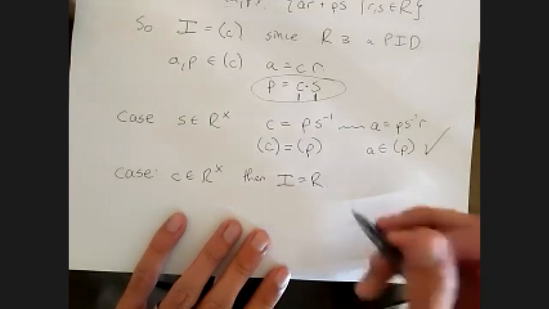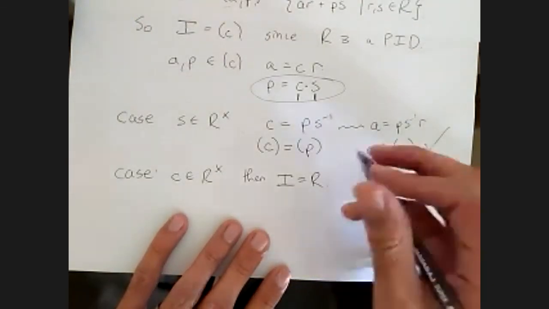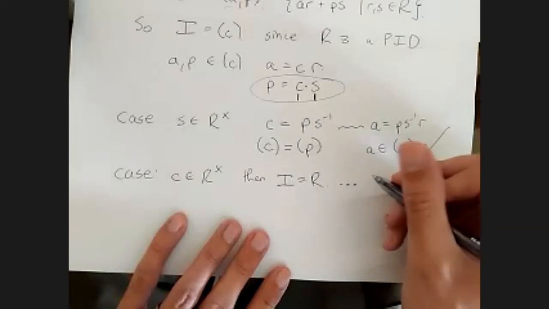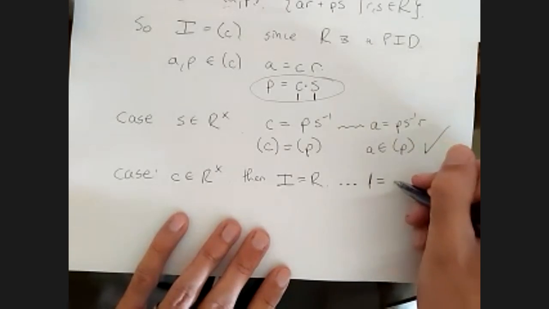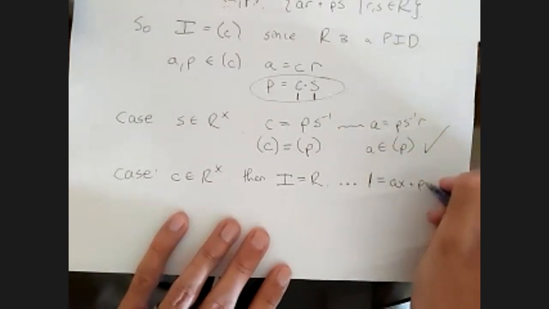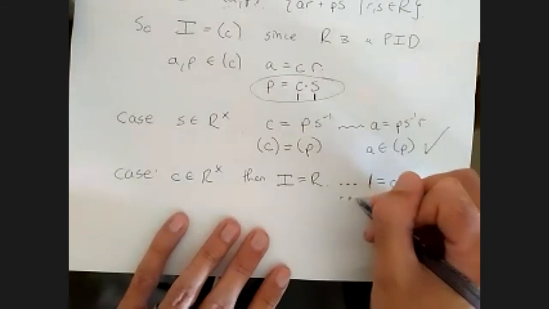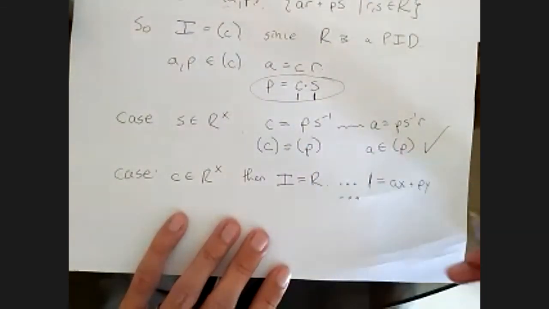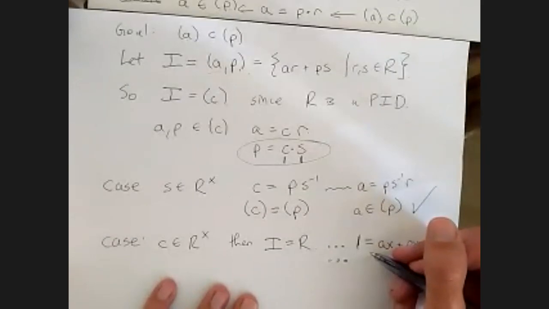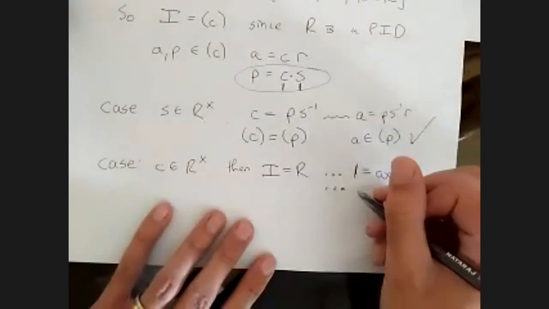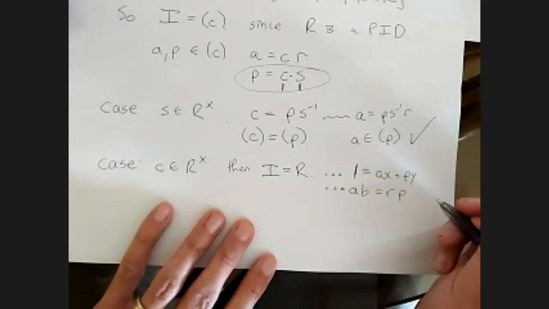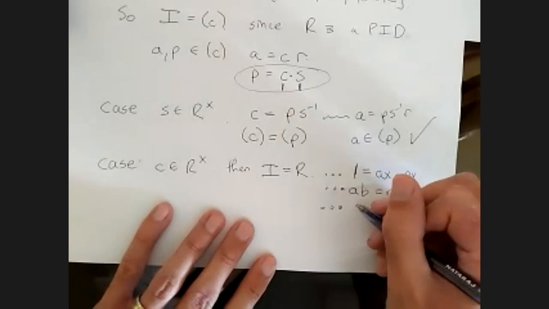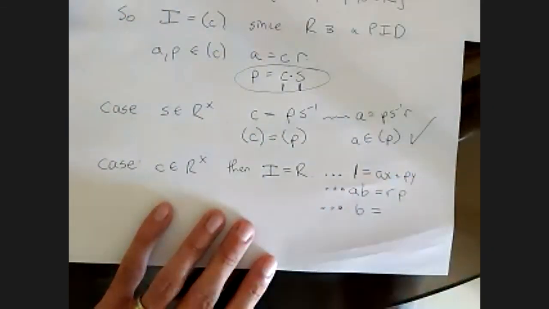What's going to happen is that we have the equation that we can write 1 as AX plus PY, and then we use that, combine it with the equation that AB equals RP, and we're able to show that B is a multiple of P times something.